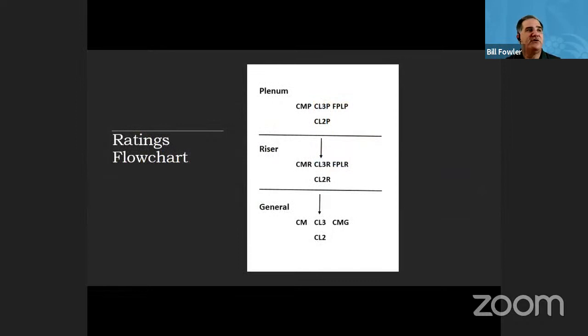So here's just a chart, kind of shows you from high to low. A flow chart is where we find those classifications, where they fall into. Again, basically you have what we call plenum is your high end, your medium is what we call riser, and then you get into your general purpose cable. So those show you the classifications and kind of where they fall within those parameters, from really high end cable all the way down to general purpose cable.